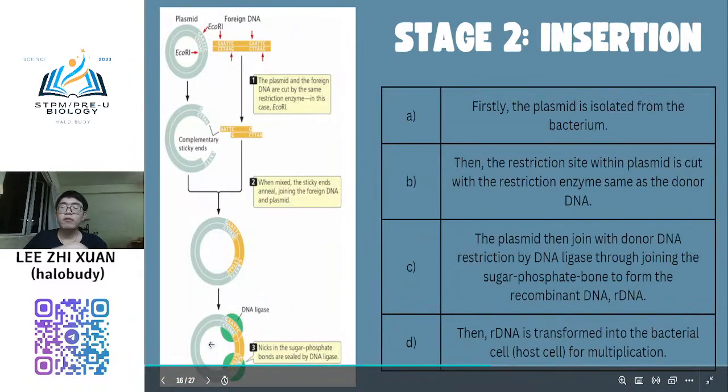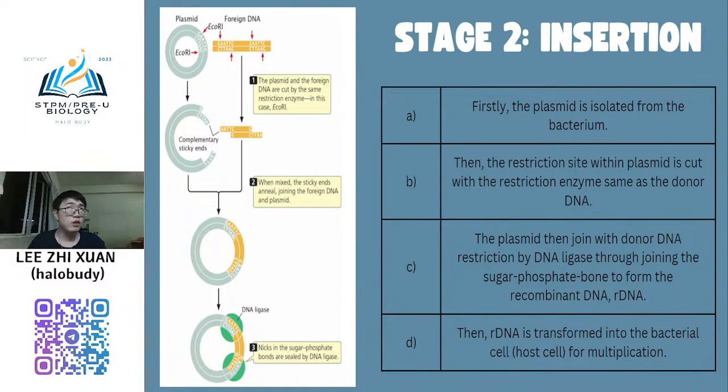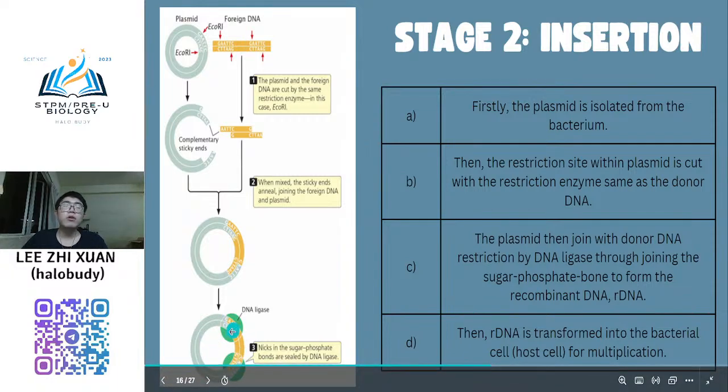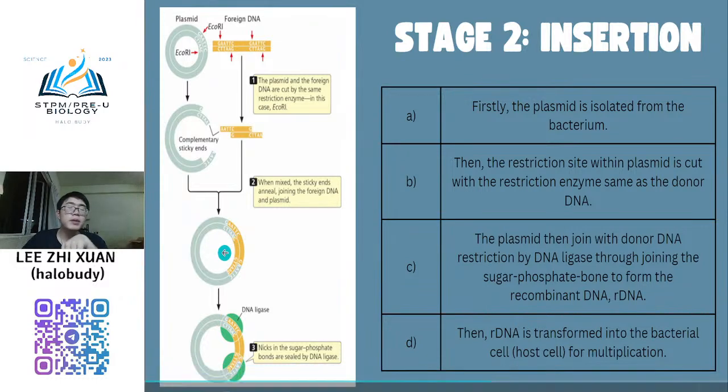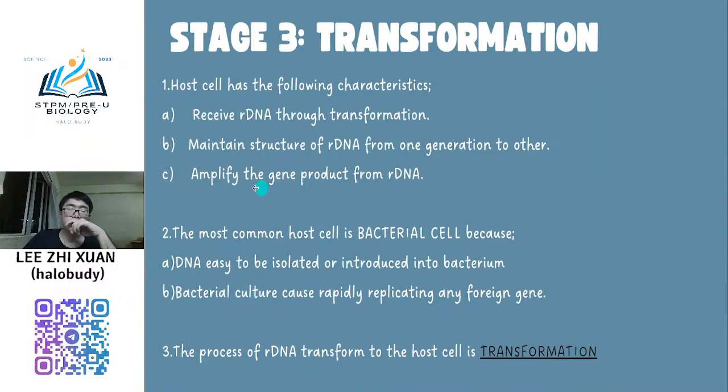It cannot be that after it produces the next generation of daughter cells, the recombinant plasmid is affected. If so, that cell cannot be used as the host cell. So the host cell must maintain the stability of the recombinant plasmid. And of course, it must be able to amplify the gene product from the recombinant DNA. And then the most common host cell is bacteria.